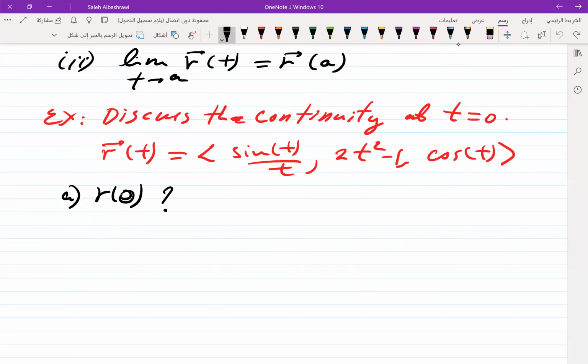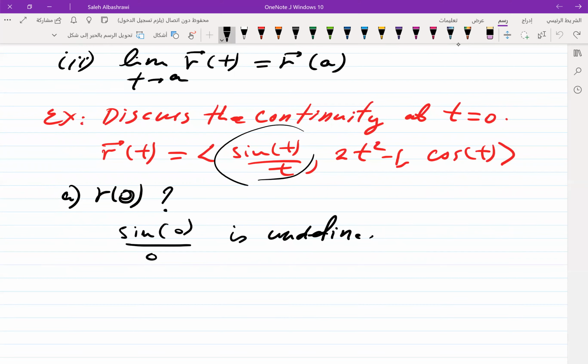If we go for the first component, sine of 0 over 0 is undefined. We cannot divide by 0. In this part, we are not speaking about the limit. We are speaking about the value of the function, not its limit.